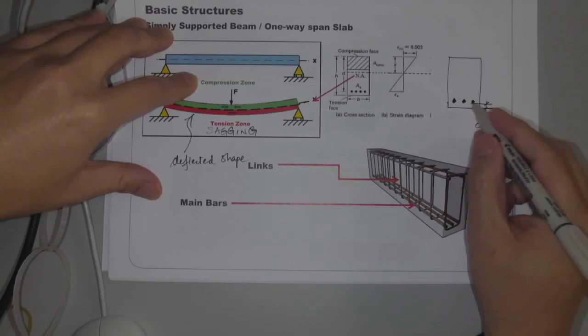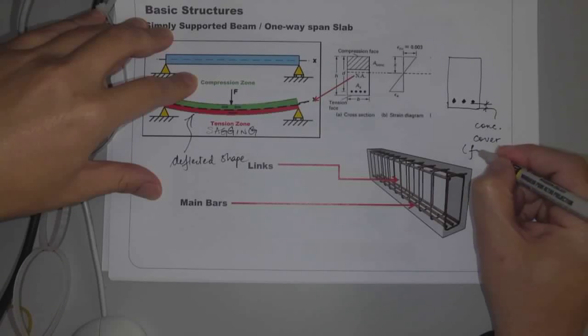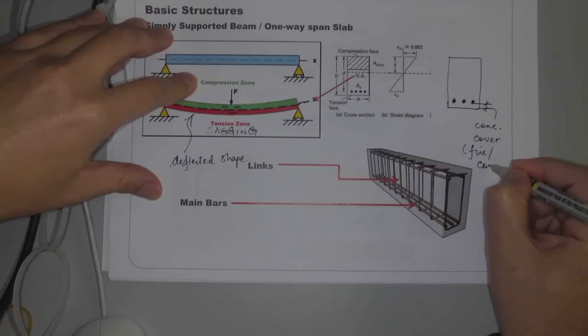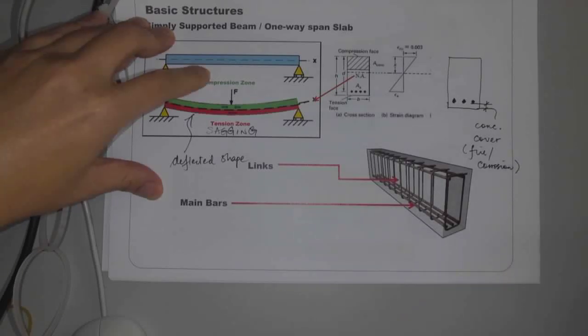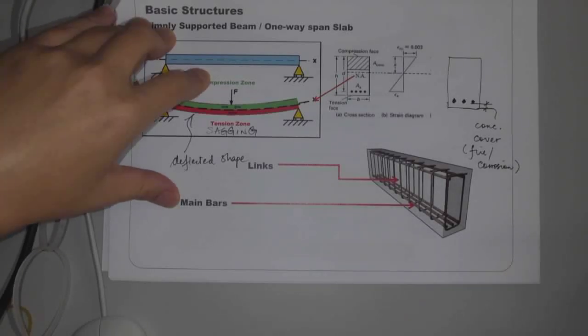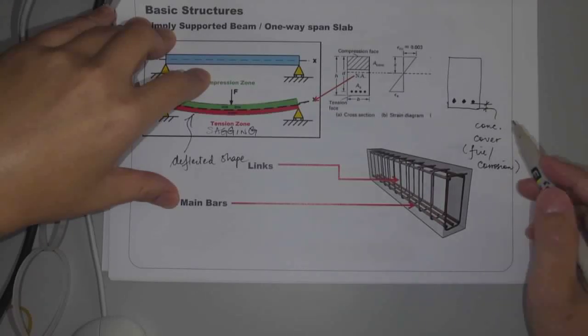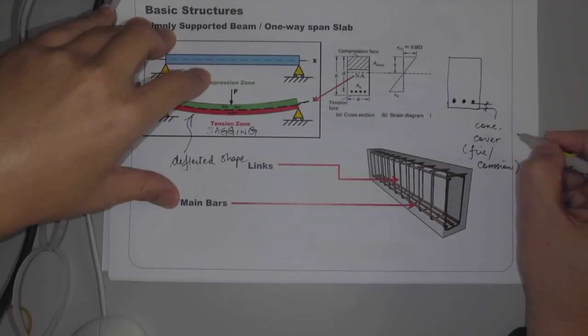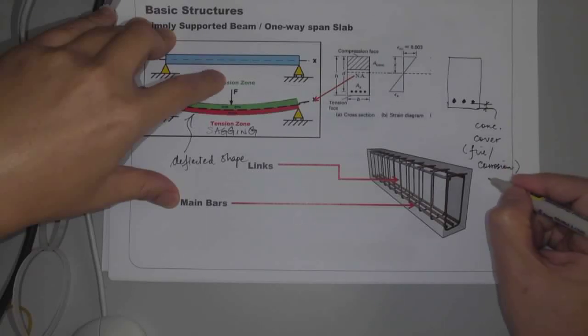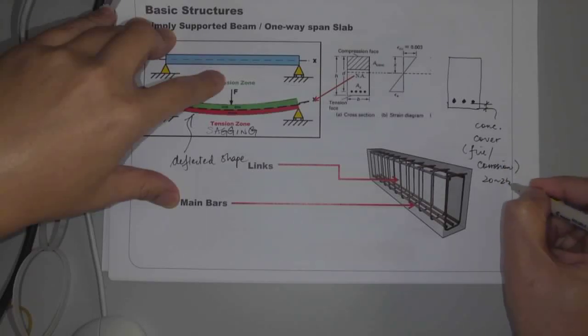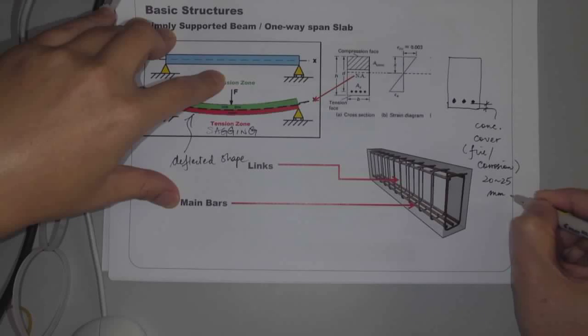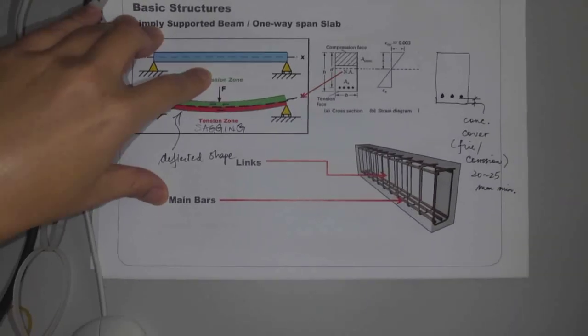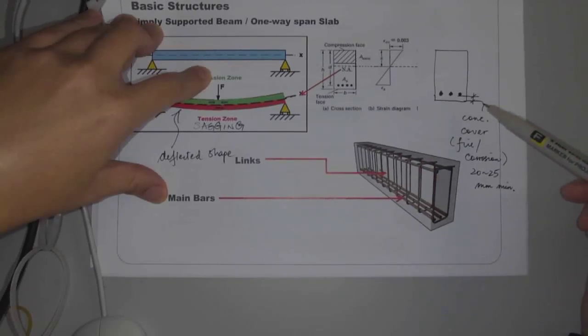That concrete cover is to protect the reinforcement against fire, against corrosion. So how thick is the concrete cover? Well, about 20 to 25 millimeters is usually the minimum. But it can go up to 70 or 75 millimeters thick if you have a pile.